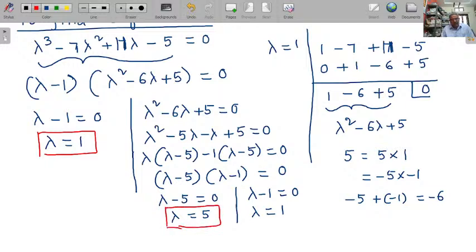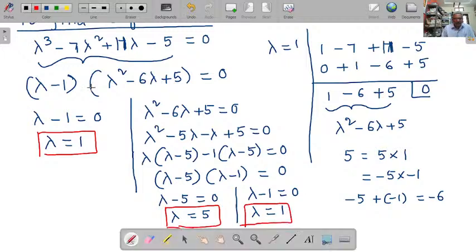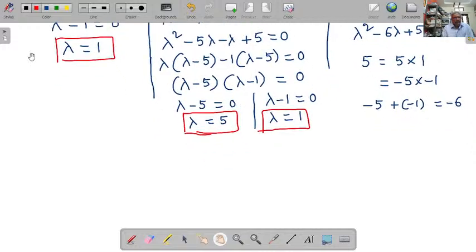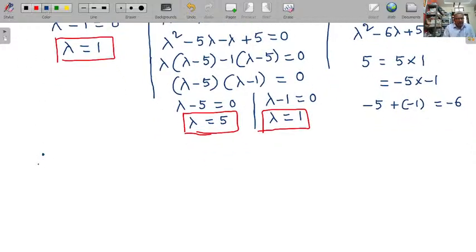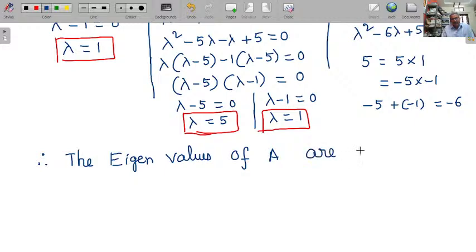They are called eigenvalues or latent values or proper values of A. So we can conclude like this: the eigenvalues of A are 1, 1, 5. So this is our answer. I hope it's very clear to you. So let us move to yet another problem.